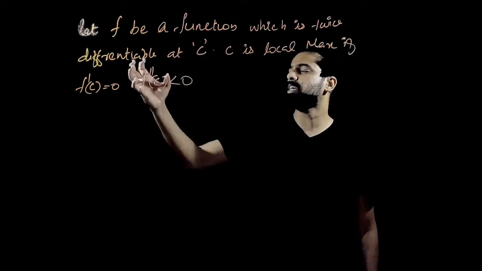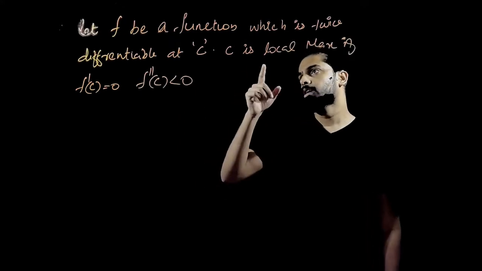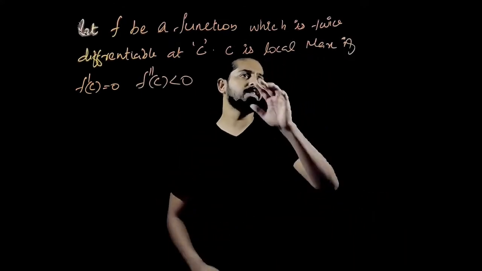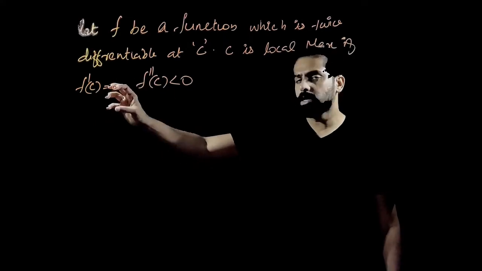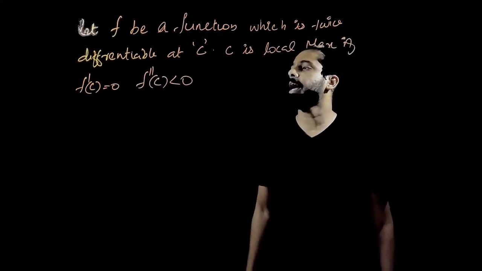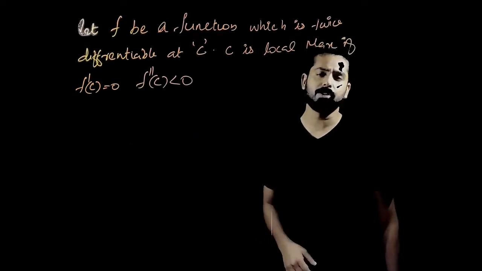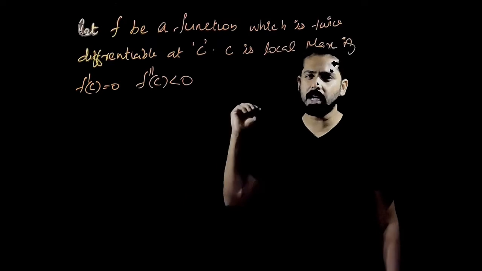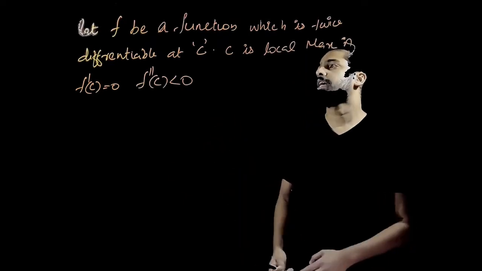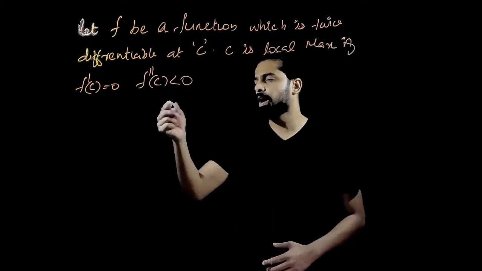That is what twice differentiable at c means. So c is a local maxima if the derivative at c is equal to 0 and the second derivative is less than 0. This means the second order derivative at the point c is a negative value. This is the second derivative test, in which we will find the second derivative.